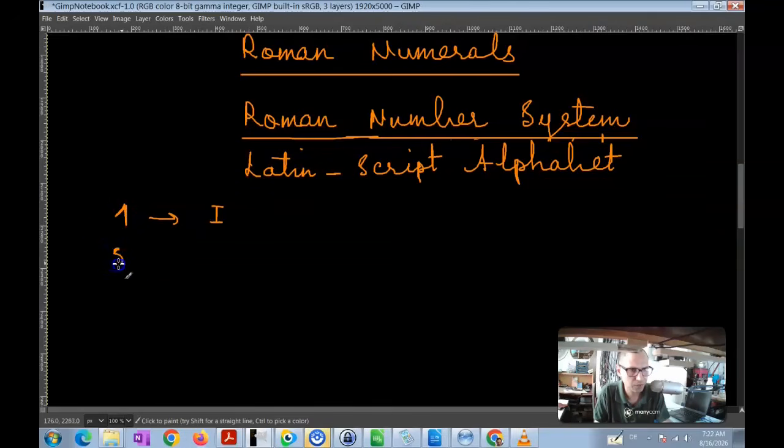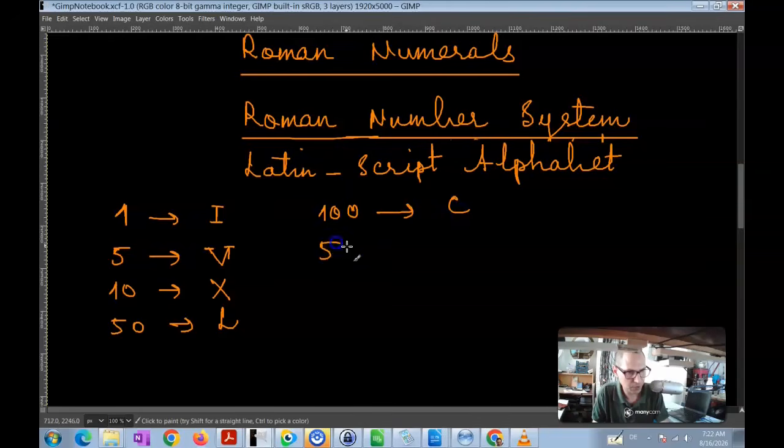For a 5, for example, you would use a V. For a 10, you would use an X. For a 50, you would use an L. For a 100, you would use a C. For a 500, you would use a D. And for 1,000, you would use an M. As I mentioned, you use only a subset of the Latin script alphabet.